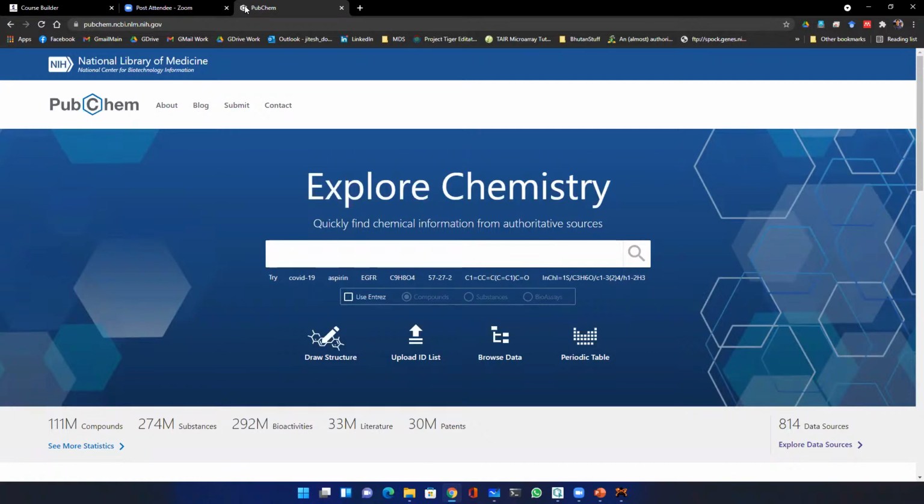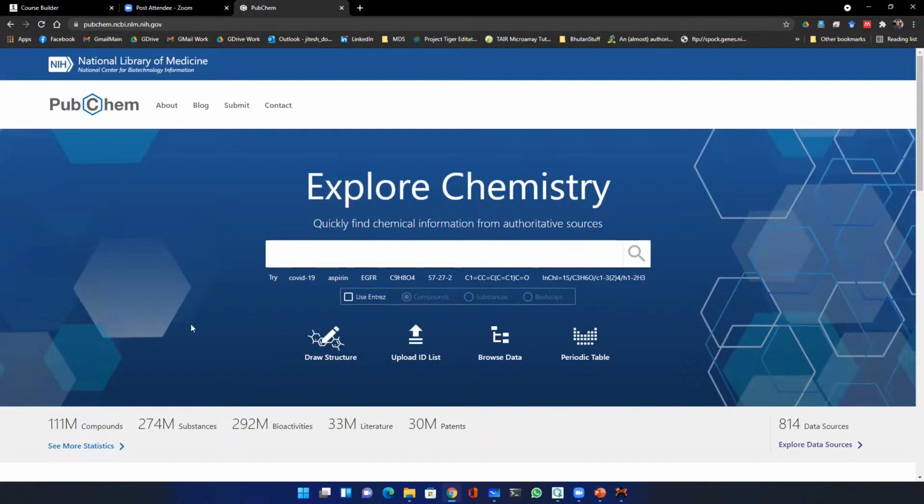PubChem, as you can see here, is a database to explore chemistry. You can find a lot of chemical information about a molecule from a variety of authoritative sources. When you want to know the structures of different molecules, drugs, or other components, you can go to this database and find not just the structure but a lot of different information.